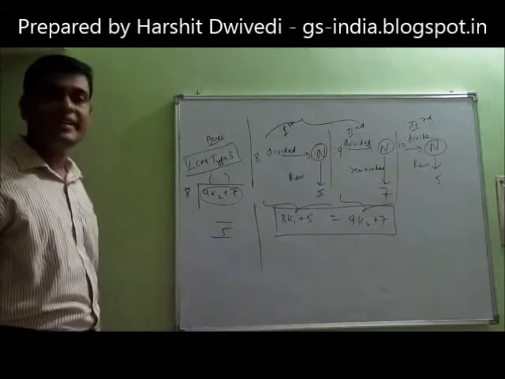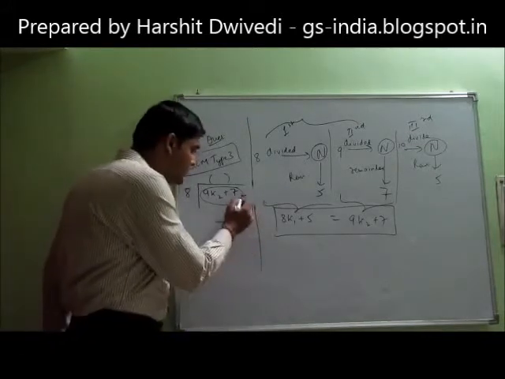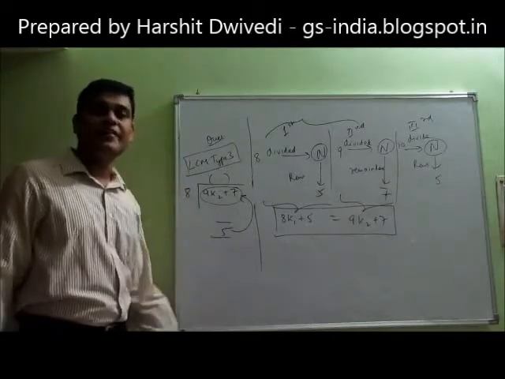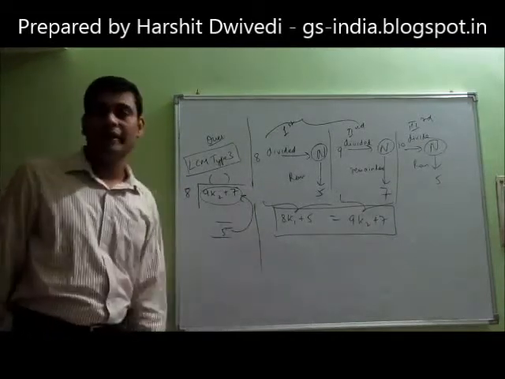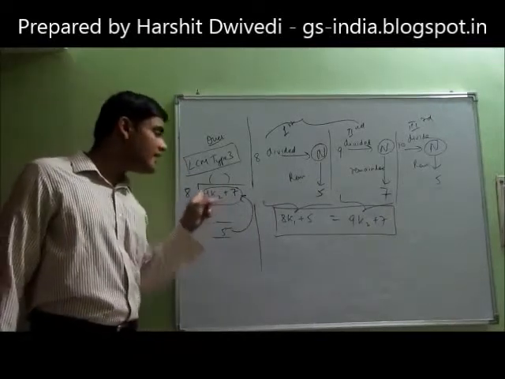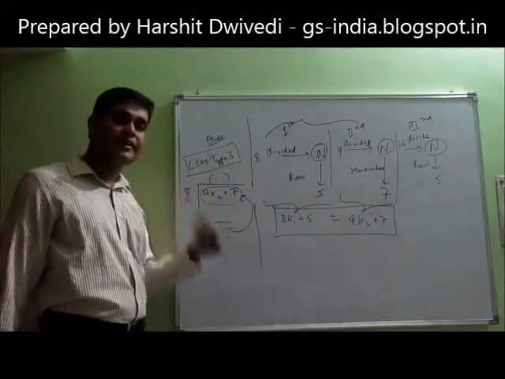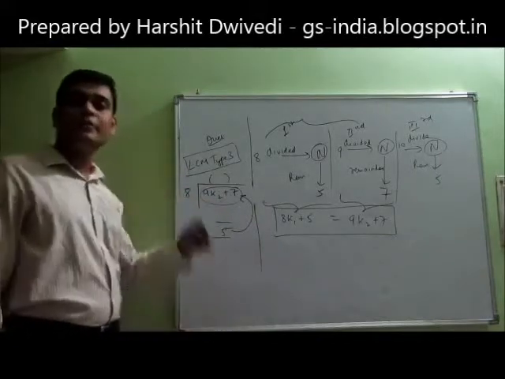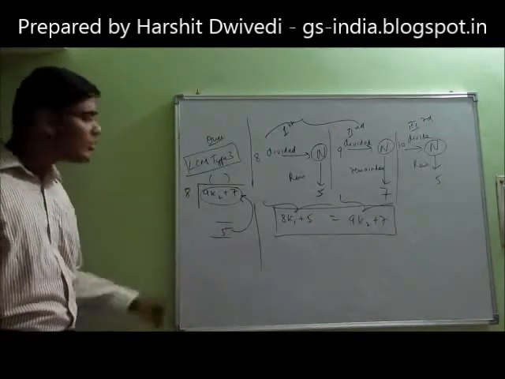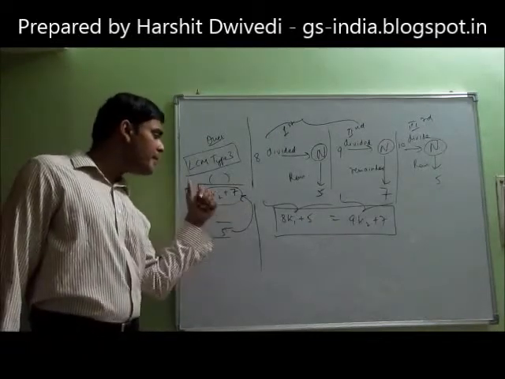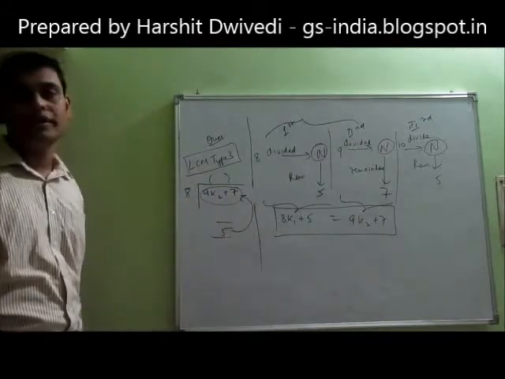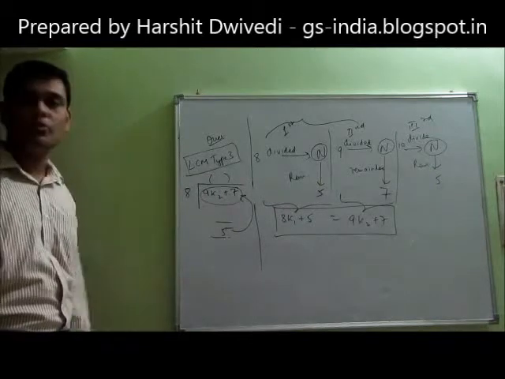This is the concept which I have been telling in the last 2 lectures of mine. I hope it is clear by now that dividing 9k2 plus 7 quantities into groups of 8 leaves remainder 5. That means I am not able to arrange these 5 quantities into groups of 8, so these 5 are extra. In order to make this quantity divisible by 8, we reduce the extra quantities from it. So I am going to reduce 5 from 9k2 plus 7.